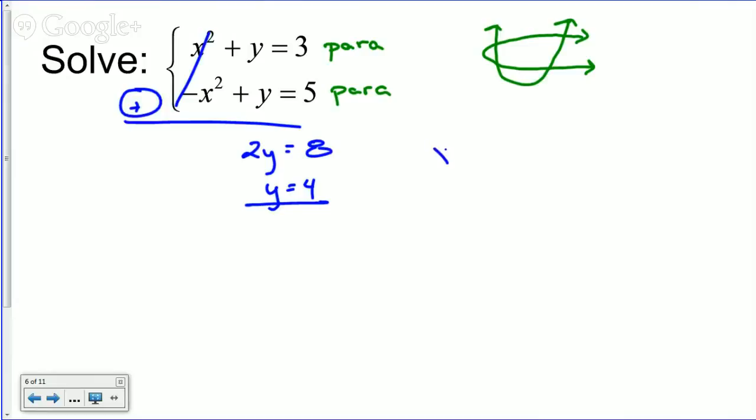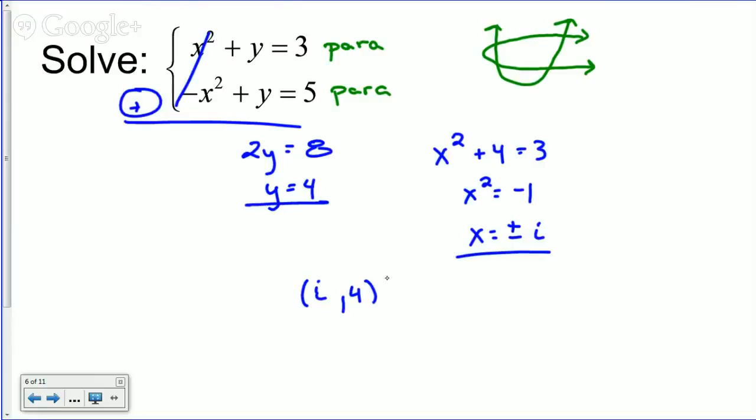Then we'll take that y value and plug it back into either one. Let's do the top. So I got x squared plus 4 equals 3. x squared equals minus 1, and x equals plus or minus i. So my ordered pairs here are i, comma 4, and negative i, comma 4. Now, what's the problem with that is, these are imaginary numbers.